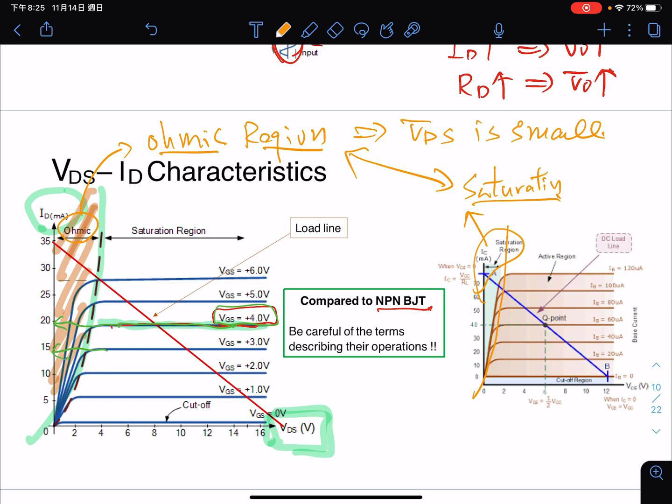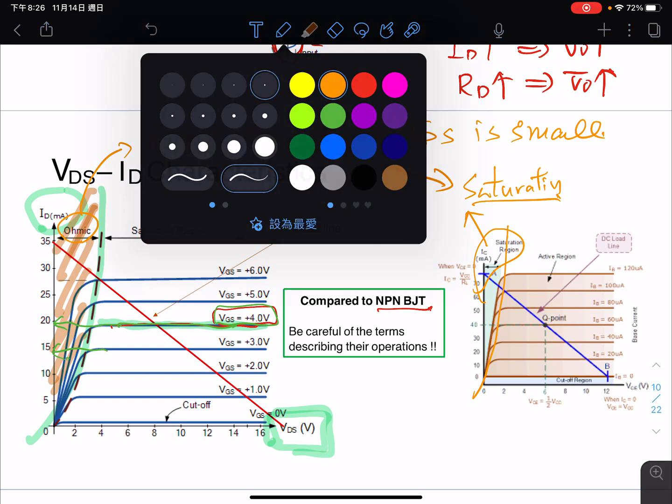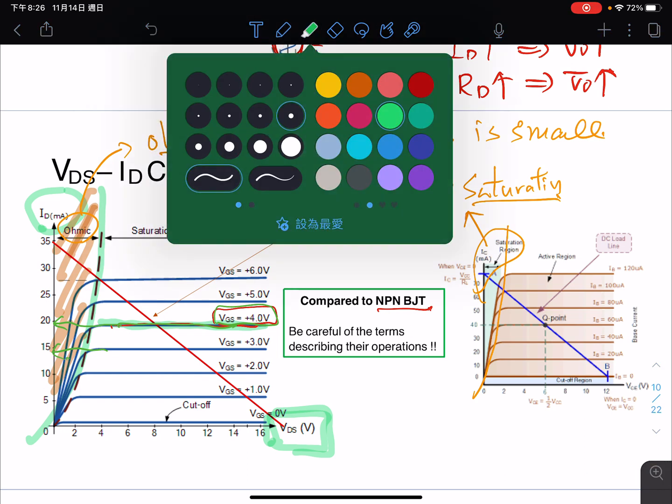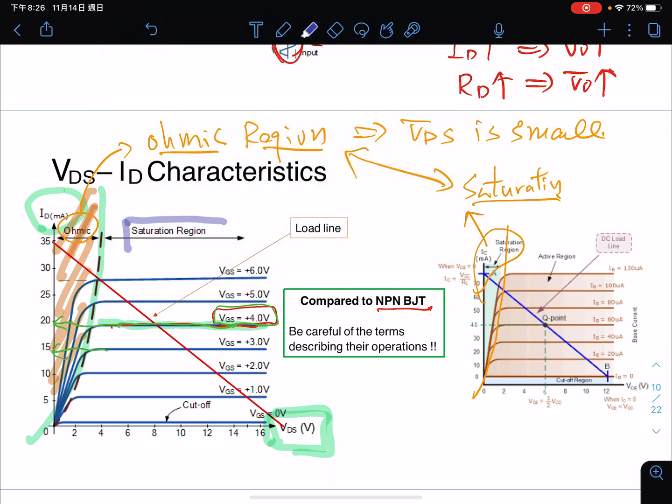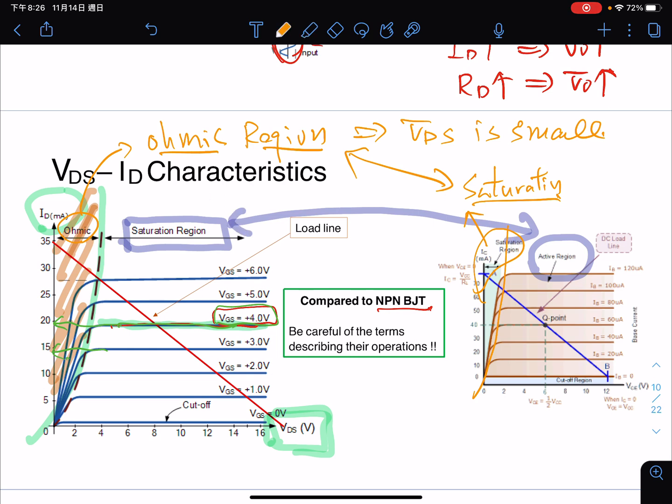Okay, and in most cases, the amplifier operates in the saturation region. So the saturation region is the same as the active region or the linear region of the bipolar junction transistor.